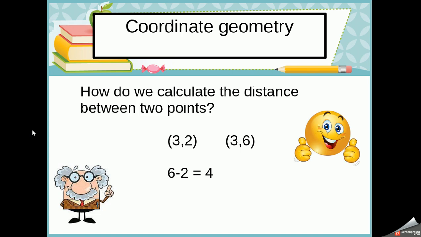Because the x coordinate is the same, all we've got to do is find the difference between the y's. So in this case, 6 take away 2, the distance between the 2 points, is 4. Obviously, if the y's were the same, then we'd find the difference between the x's.